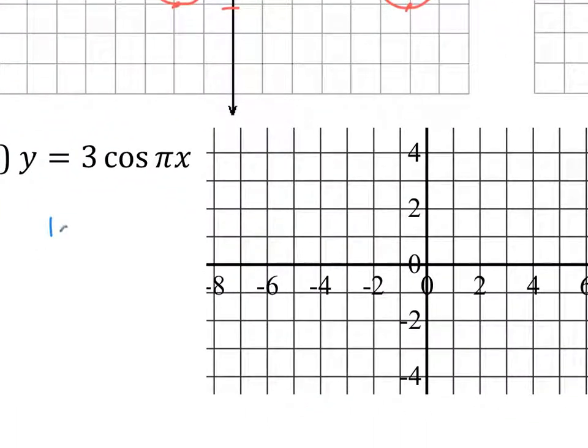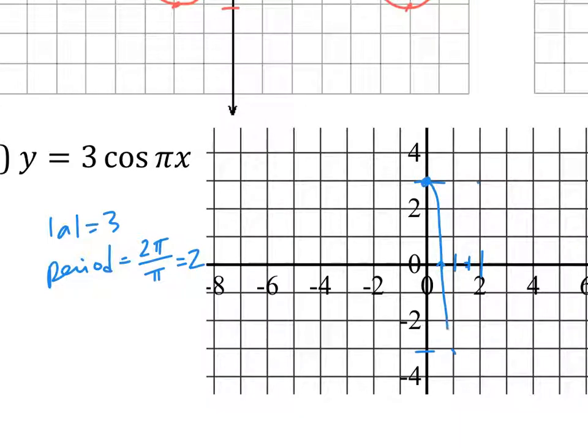So this amplitude is 3, the period is 2 pi over pi, so that's 2. So we're going to go all the way up to 3 and -3. The period is 2, so break into half again. Start on the top, goes down, down, up, up.